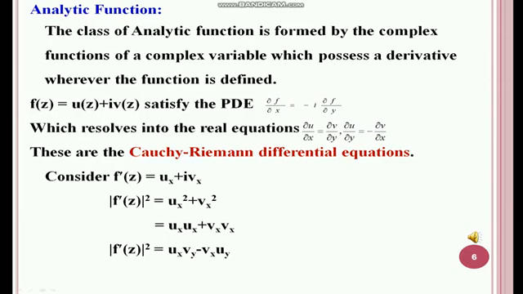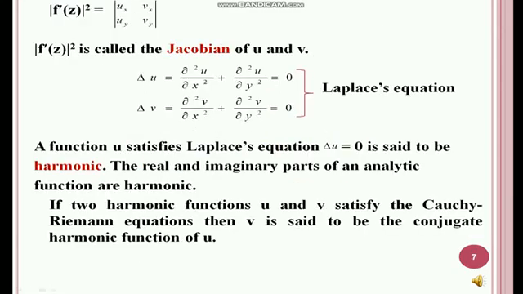We get modulus f dash of z the whole square equal to ux vy minus vx uy. It can be put in the determinant form: modulus f dash of z the whole square equal to the determinant of ux vx, uy vy. This is called the Jacobian of u and v.